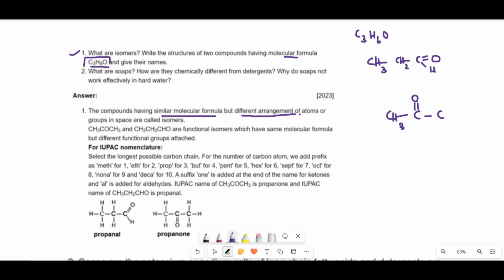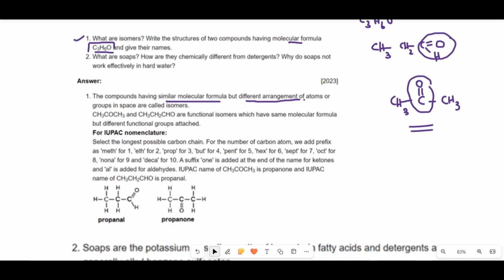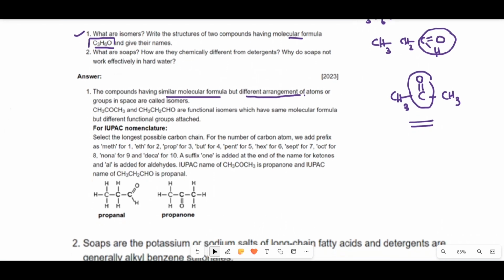Overall you have 4 bonds. So CH3, CO, CH3. So this is an aldehyde and this one is a ketone. So the first member is propanal and the second member is propanone. Okay. So these are the names propanal and propanone.